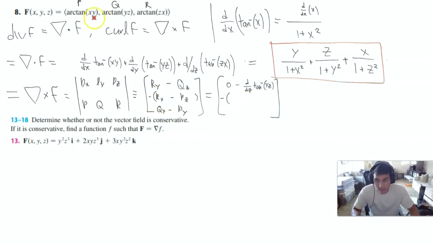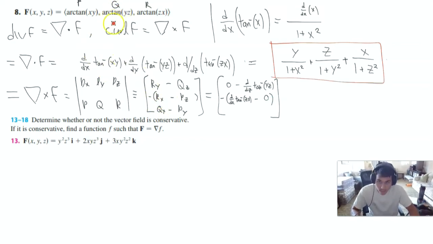Okay, next one. It's r with respect to x. So d dx of tan inverse zx. Then we're going to minus p with respect to z. There is no z component for p, so it'll just be 0. Now we're going to take q with respect to x.